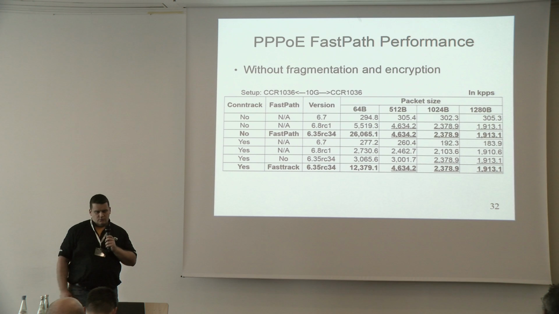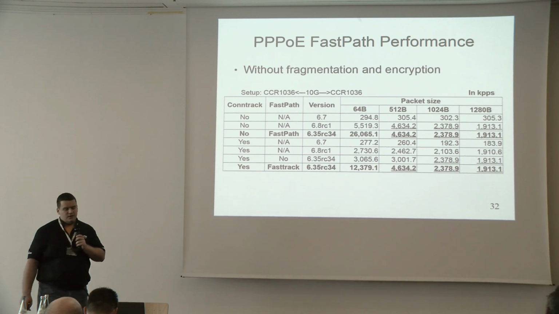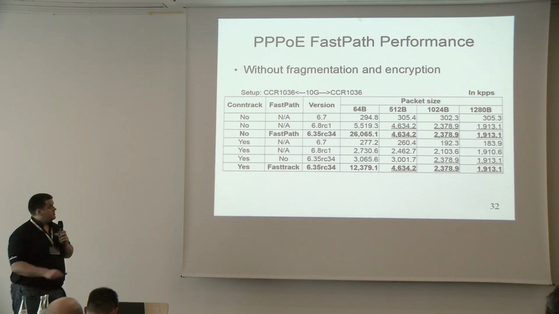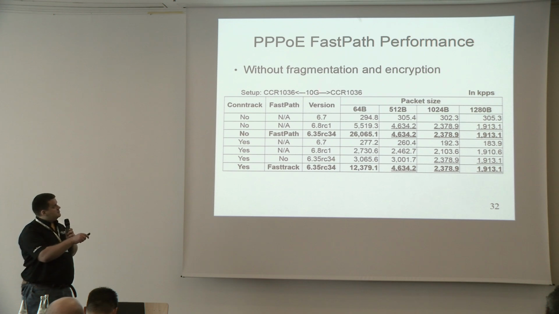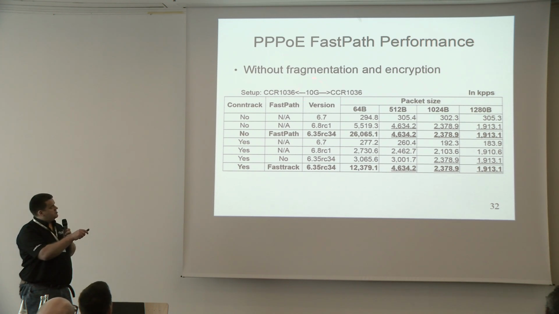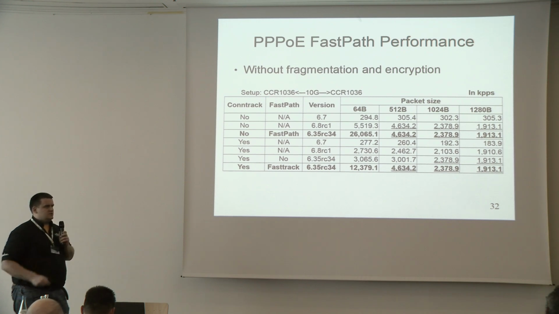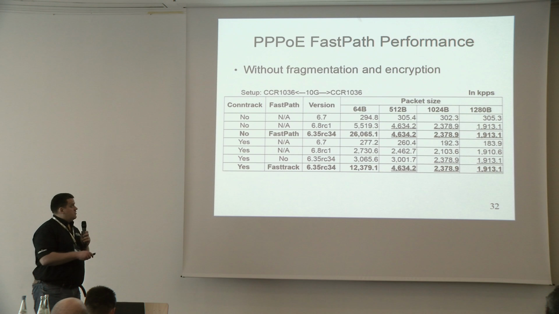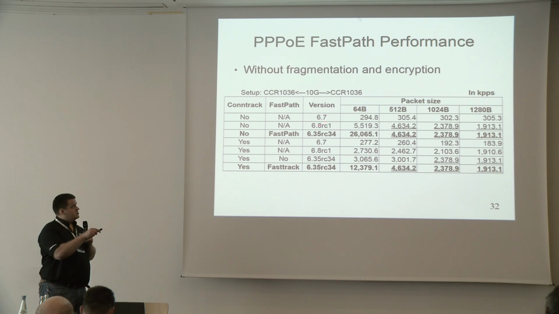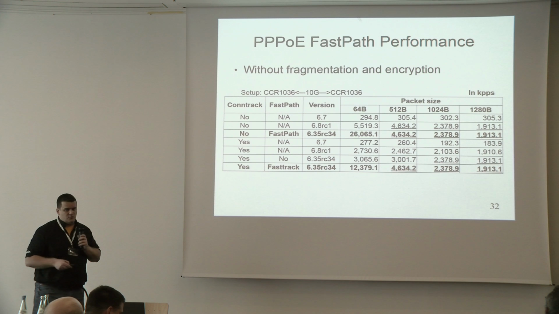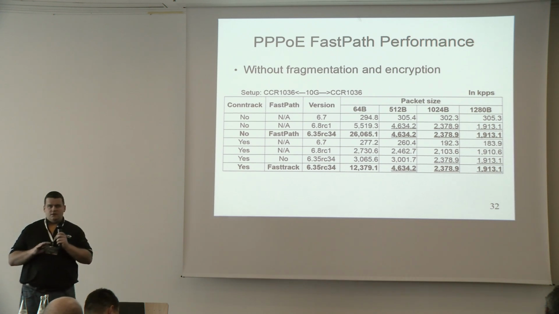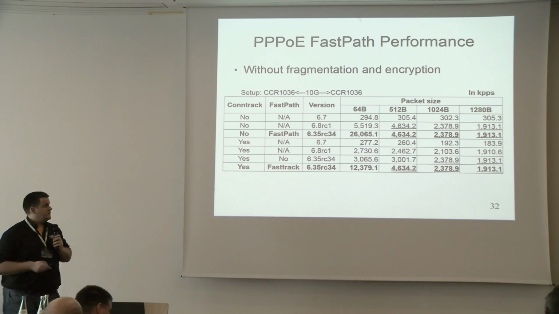Just to show you some changes, here we have a PPPoE single tunnel through a 10G interface from one CCR 1036 to another CCR 1036. In the good old 6.7 version, we were limited to just 300,000 packets per second with 64-byte packets on a single tunnel. More was not possible.